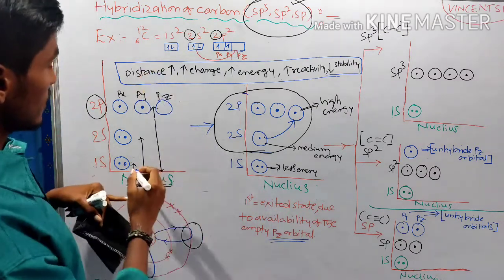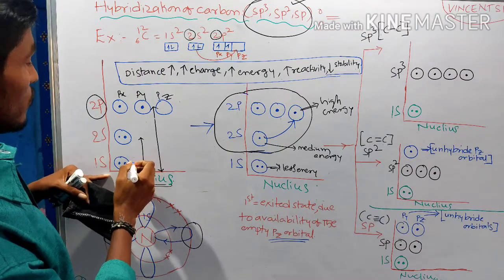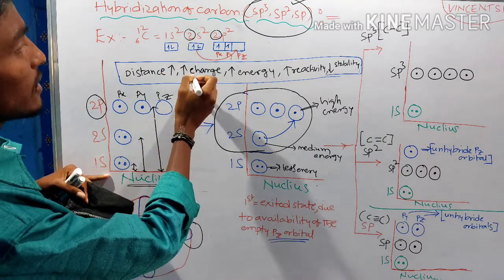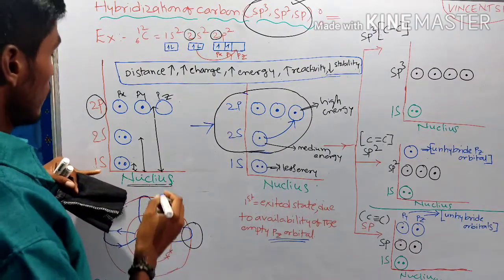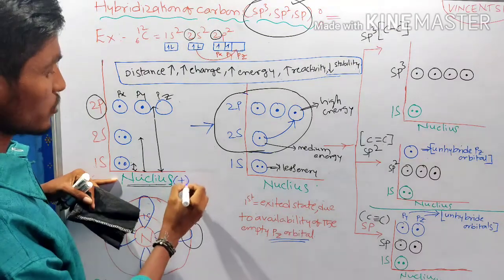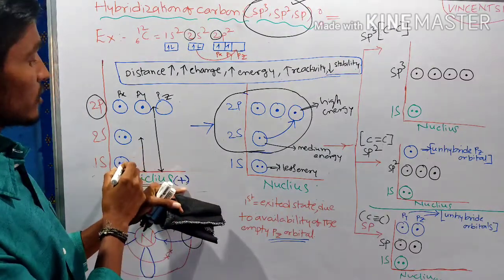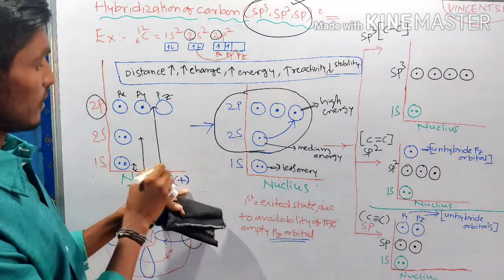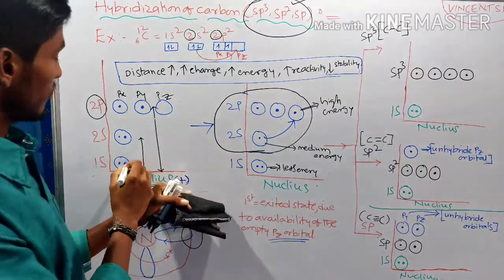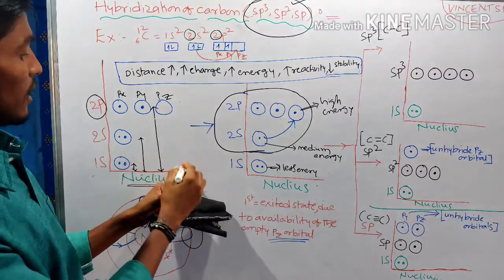Now, if the distance increases like this, 1s, 2s, 2p, then the charge also increases. How? This nucleus has a positive charge due to the protons, and it can neutralize the negative charge.